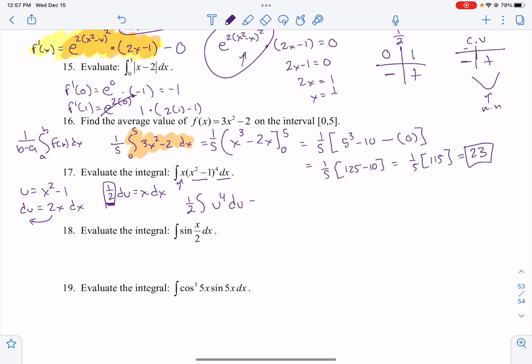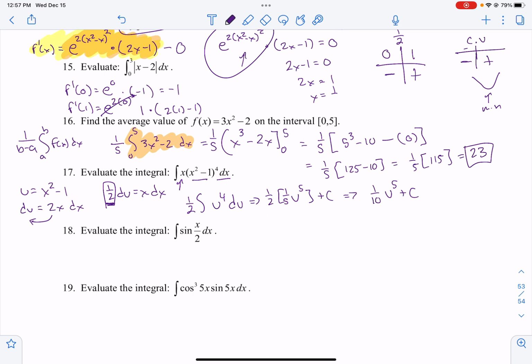Well, that's not too bad. 1/2 times u to the 4th becomes u to the 5th. So I need to multiply by 1/5 to counteract that I'm going to u to the 5th. And I've got a plus c to worry about. So 1/2 and the 1/5 just becomes 1/10 u to the 5th plus c.